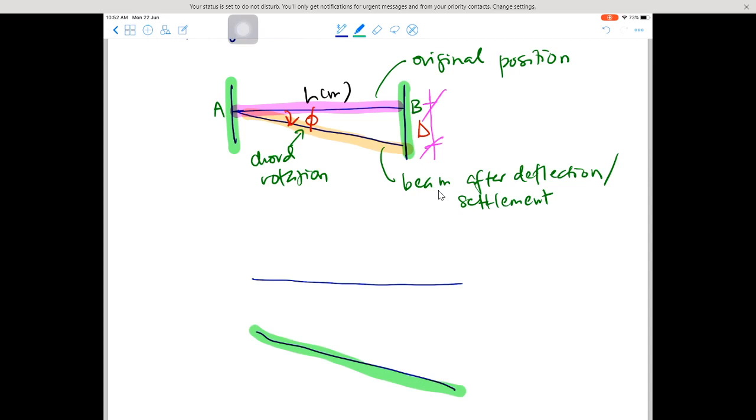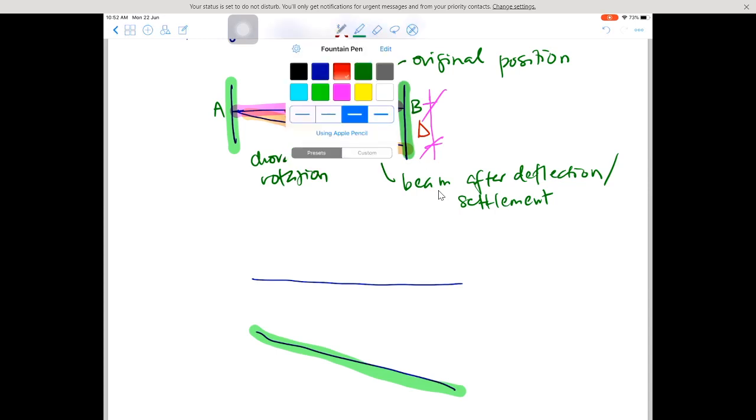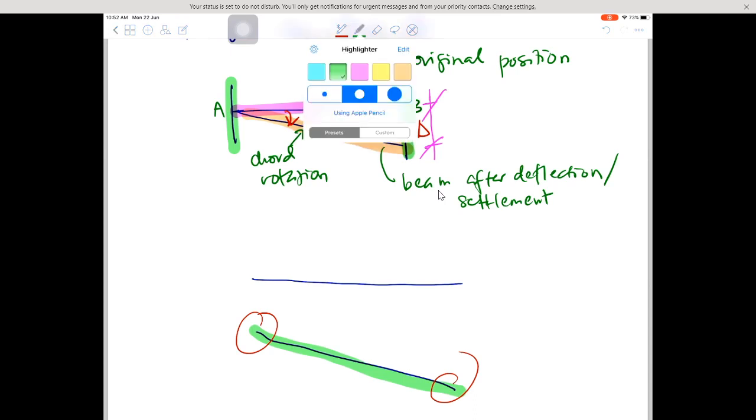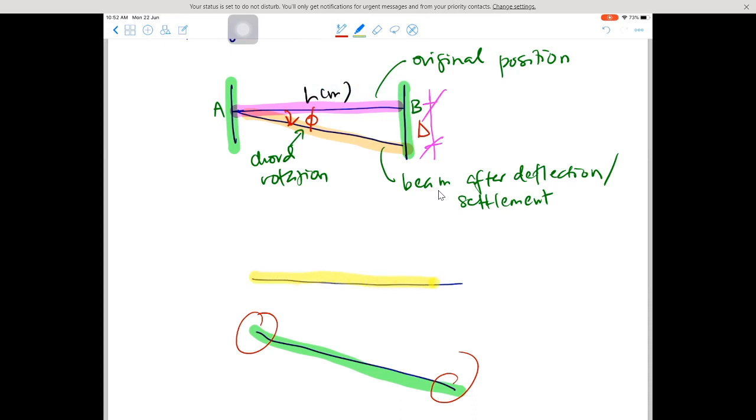So the fixed end moment will push this beam back to its original position, which is the straight position.